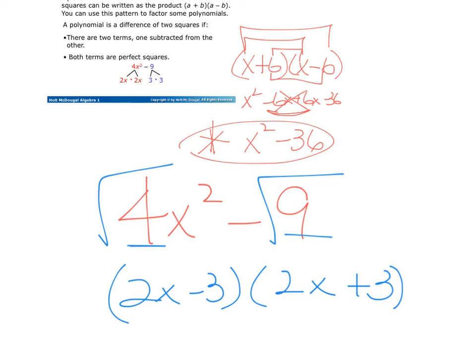One will have a subtraction, one will have an addition, because when I FOIL this, the middle term will cancel away. If there is a plus sign in the middle, you can't factor it. It must be subtraction. Think of the name: difference of two squares.